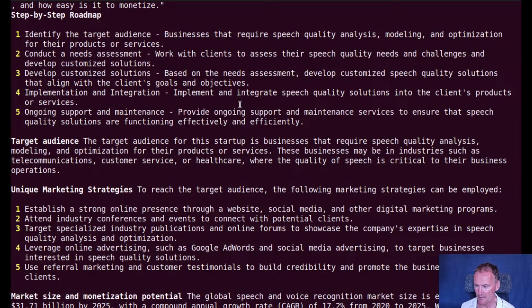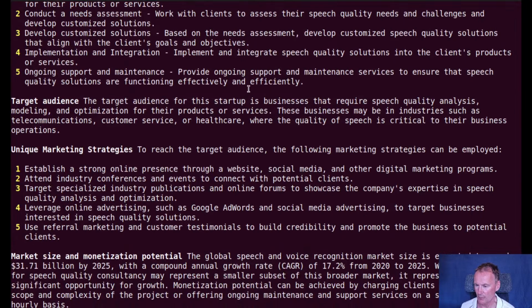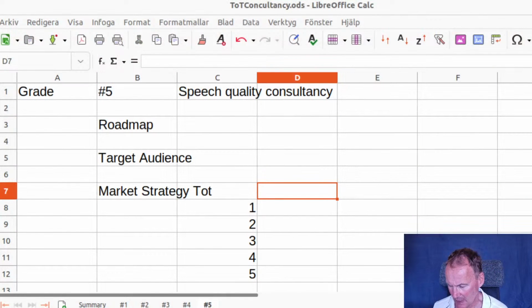Implement and integrate speech quality solution. Ongoing support and maintenance service. Yeah, but there's nothing wrong with that plan as such. But I don't think there is a market anymore.